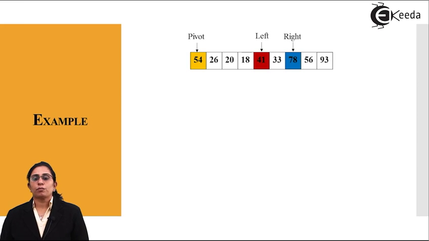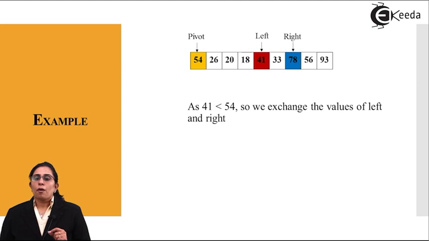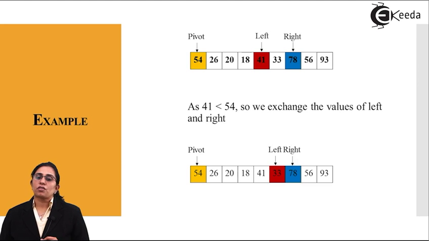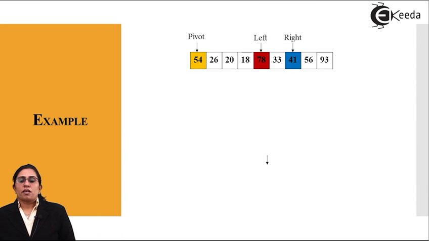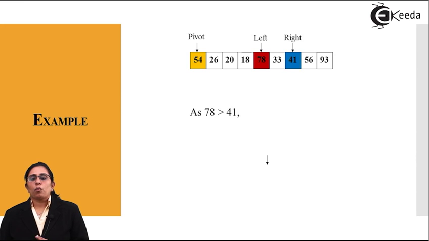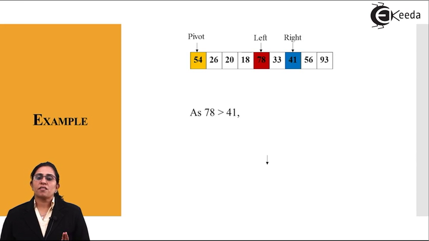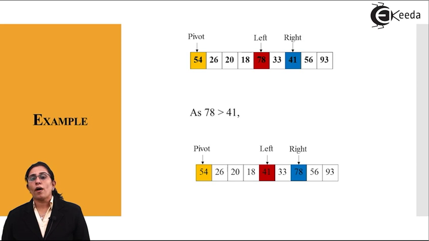When I do left plus plus, my left becomes 33. Left is incremented by 1 and right is at the location of 78. Here, 78 is greater than the pivot, and when this happens I exchange the two values, as we have just observed.